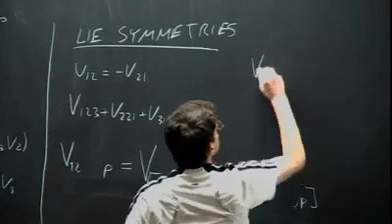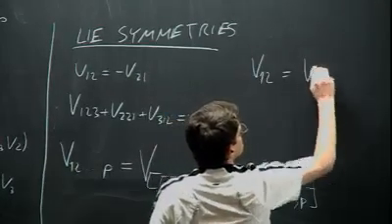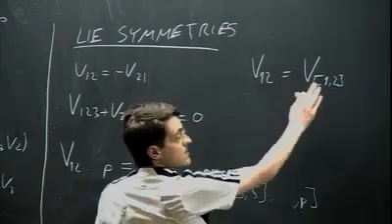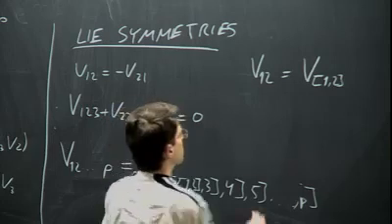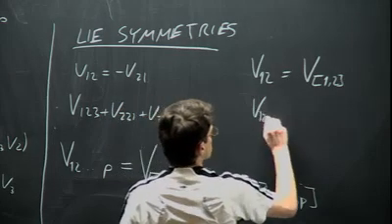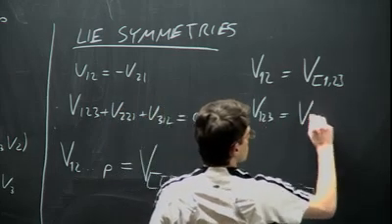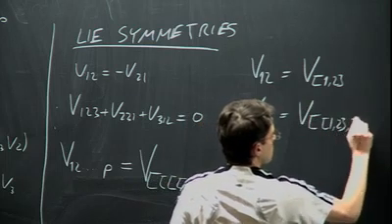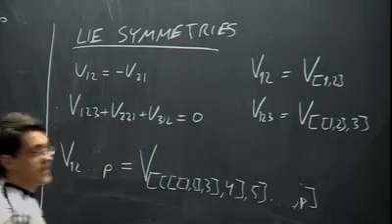So V12 becomes V like that, so it manifests that it's antisymmetric, and V123 becomes V12 like that.